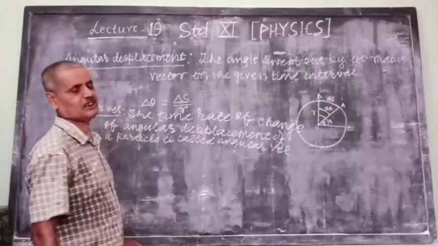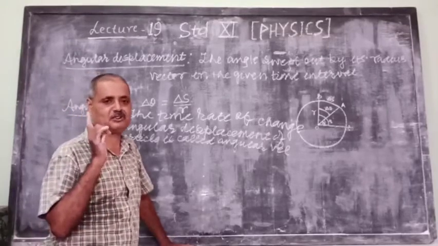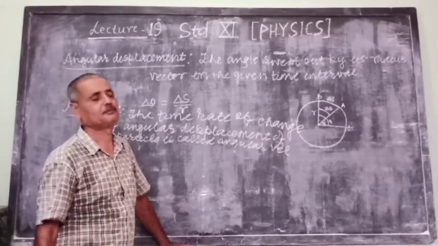In class 9, we have studied about angular velocity that was denoted by omega.